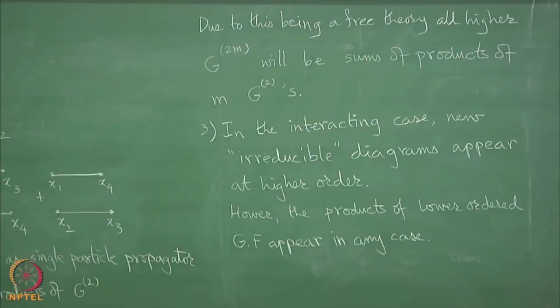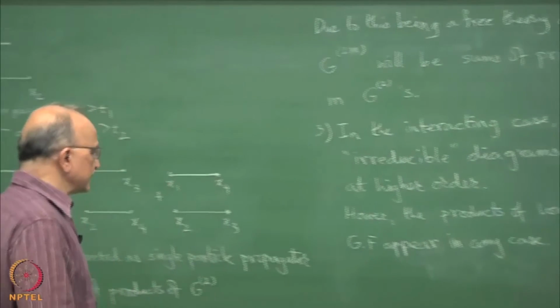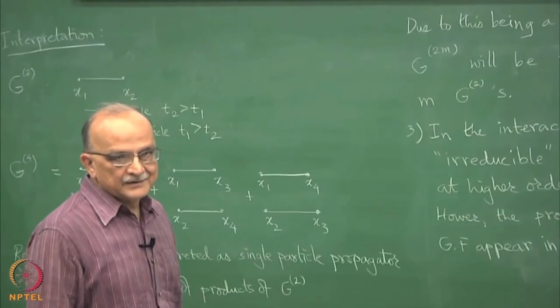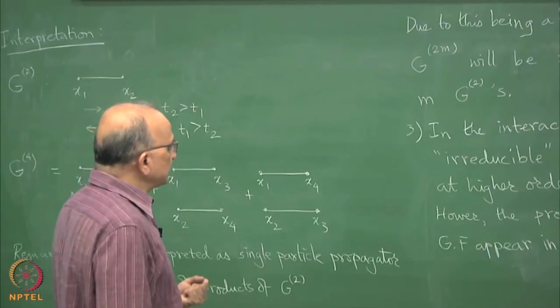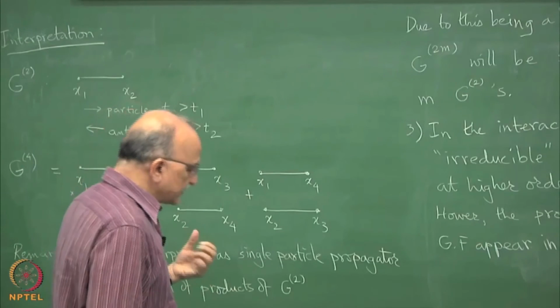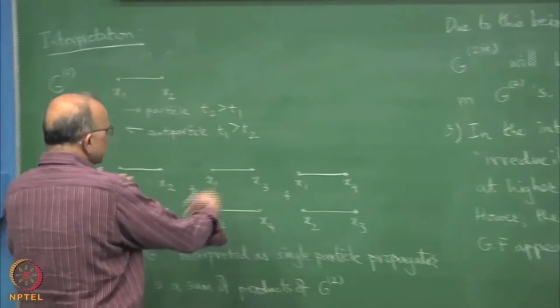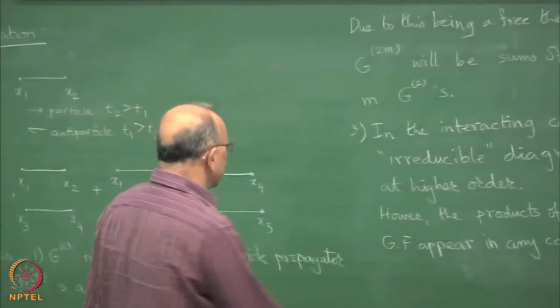This redundancy of seeing the lower ordered ones appear in higher order ones can be removed by a very clever trick, and that trick is that you take a log of this. The way the combinatoric factors come out is exactly correct.